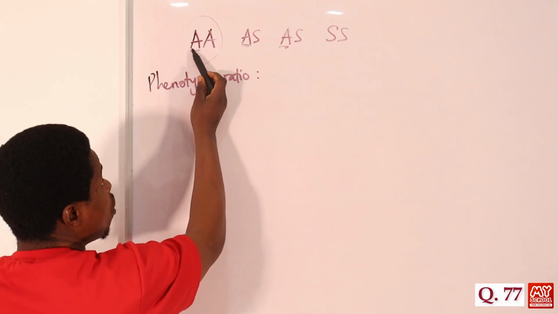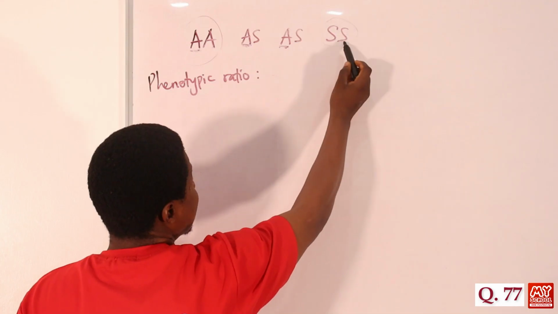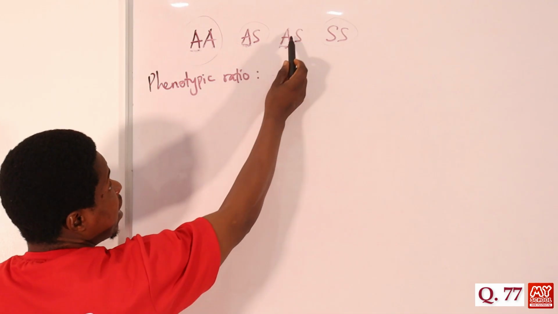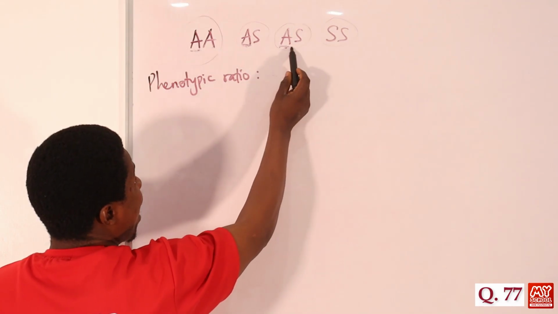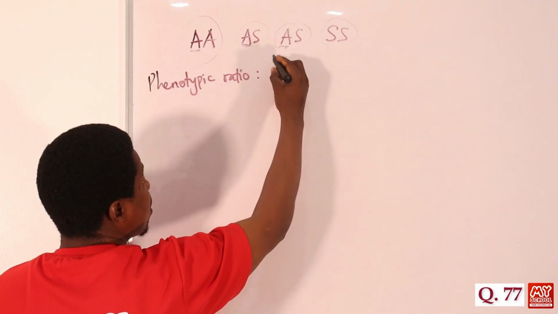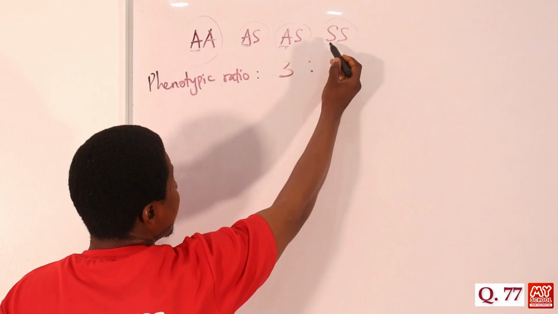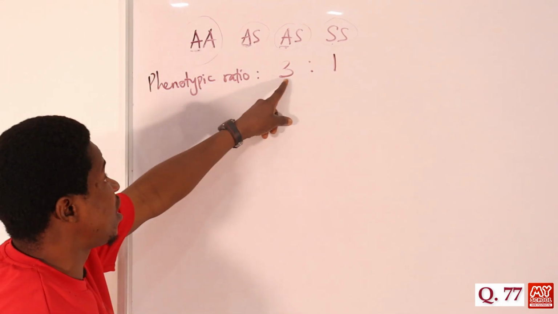But with AS we have heterozygous, where A is also dominant. So how many do we have with A in them? We have 1, 2, 3, so that would be 3, and this one does not have any A, so 1. The phenotypic ratio for this will be 3:1.